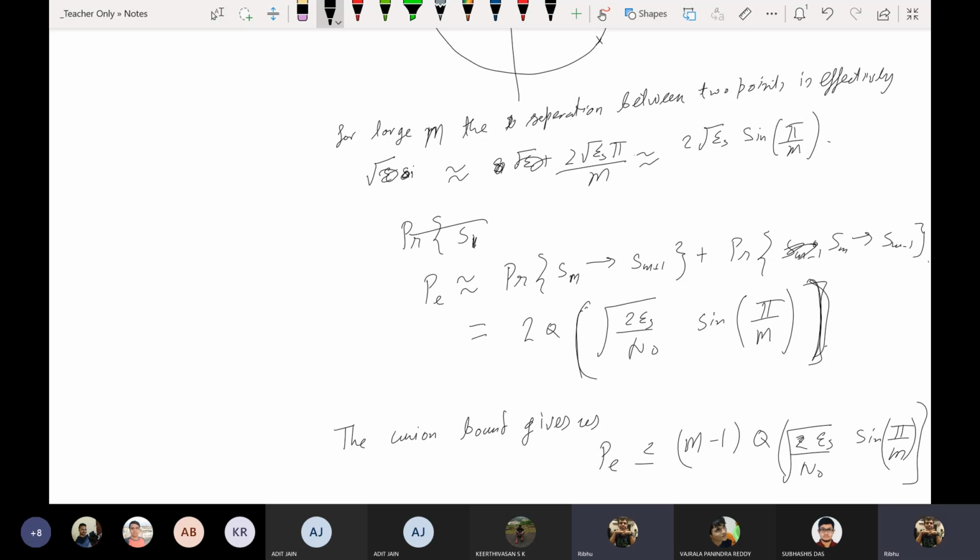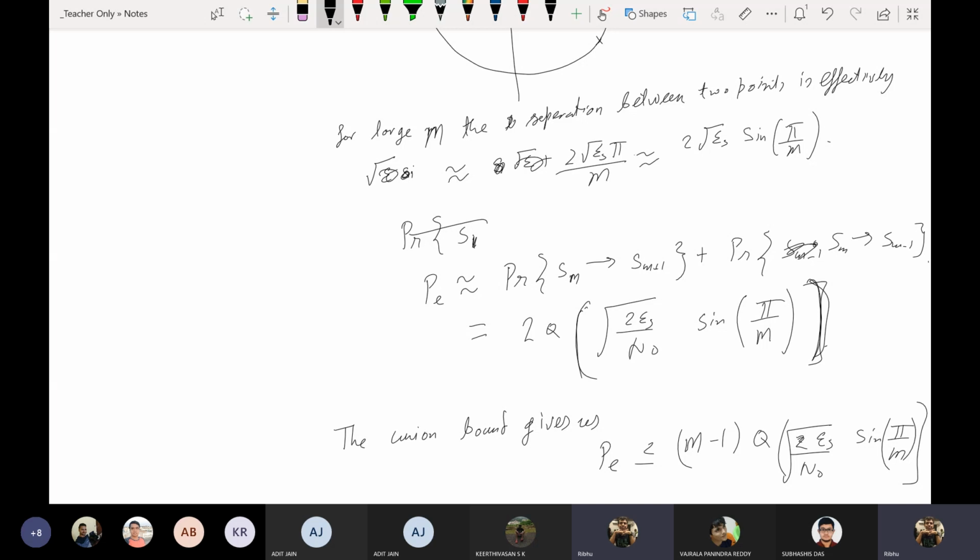Taking 2 inside will still give you a similar approximation, but it will be less elegant. This gives you a more elegant approximation. That's the only difference.